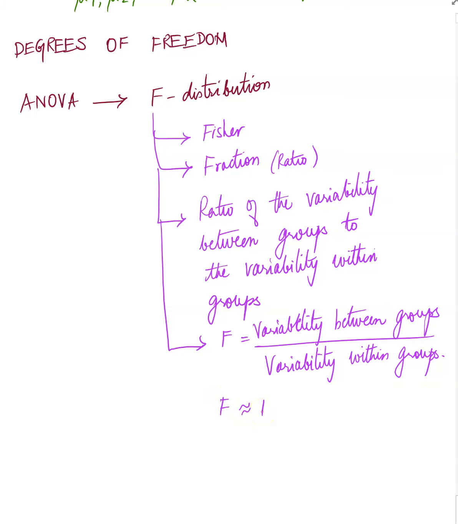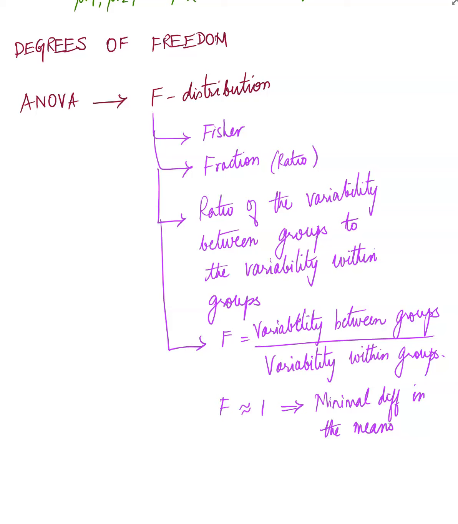If that's the case, then we can say there is a minimal difference in the means. In other words, you can say H0 is true, if there is no difference in the means.